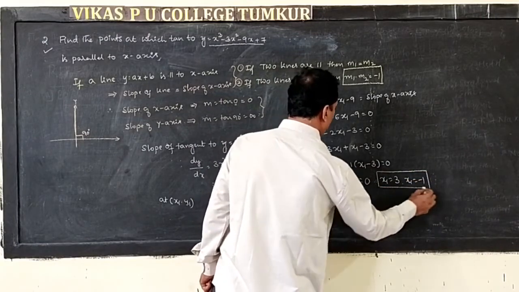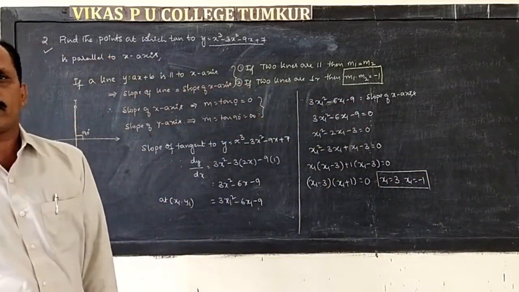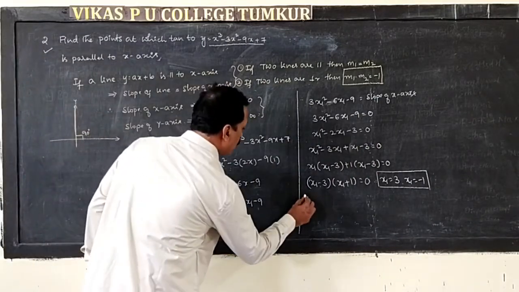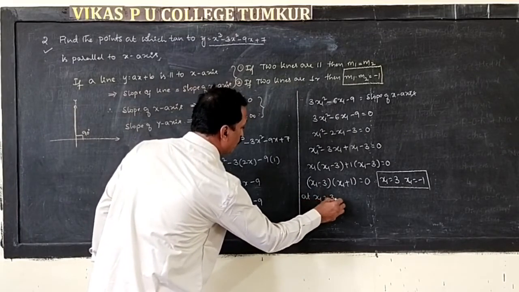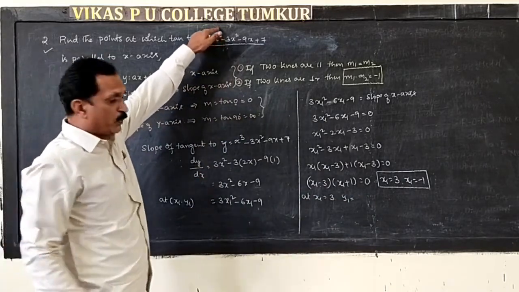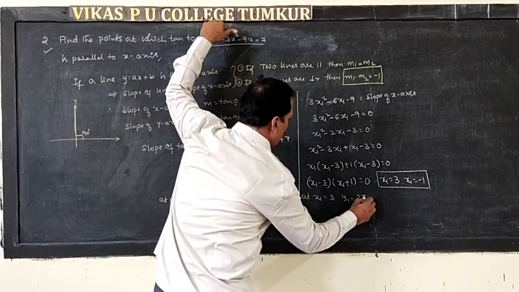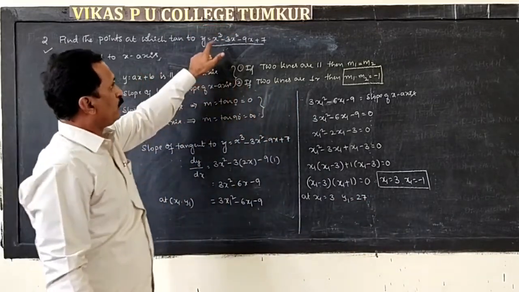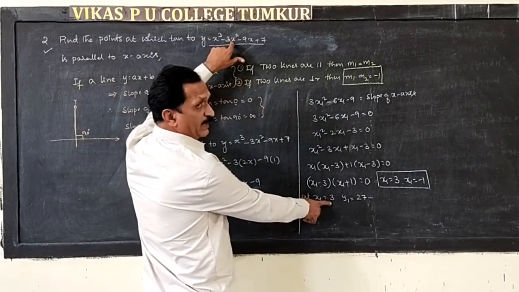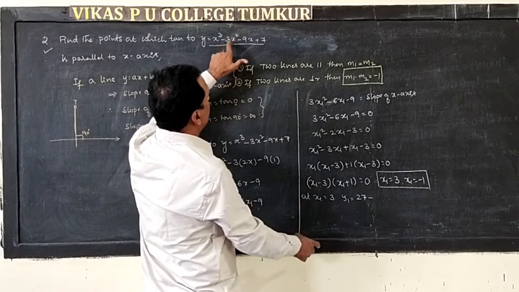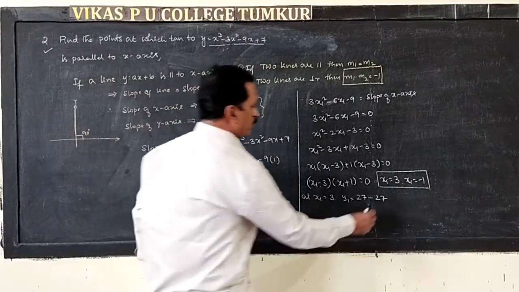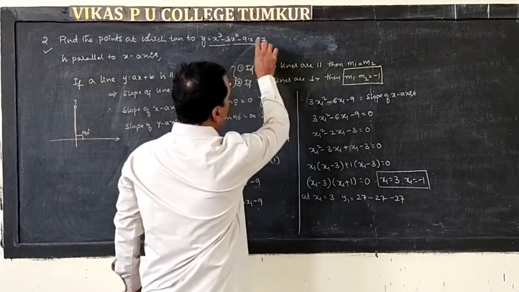We got 2 points for the curve, x1. Now I want to find y1, right? At x1 is equal to 3, what will happen to y1? y1 is equal to x cube, 3 cube, 27, minus 3 into x square, x is 3, 3 square 9, 9 into 3 is 27, minus 9 into 3, minus 27, plus 7.